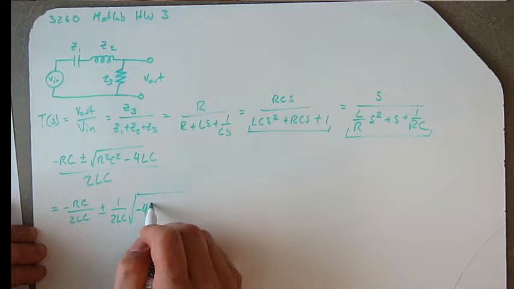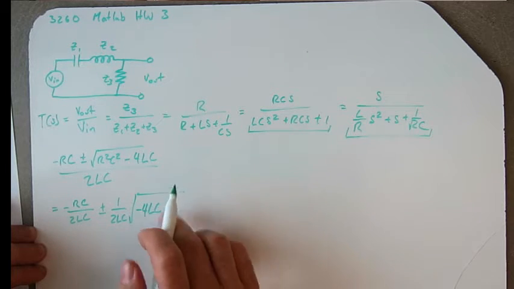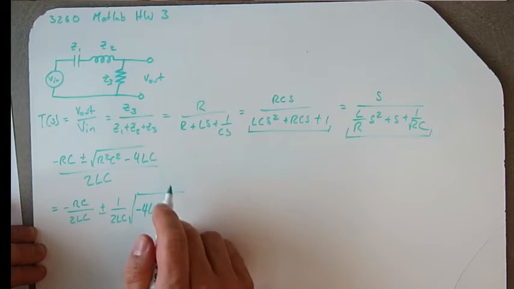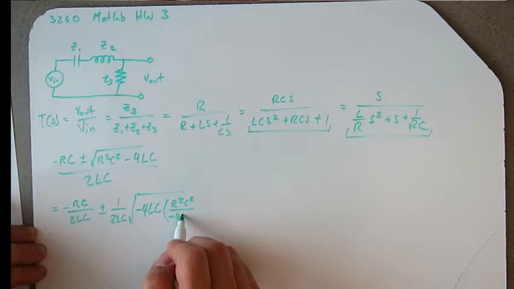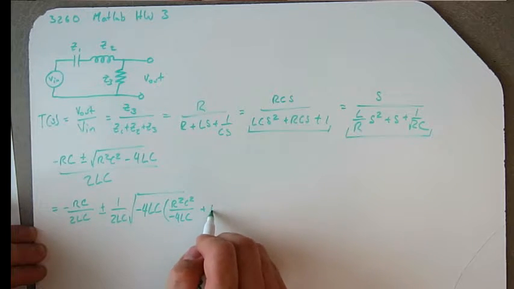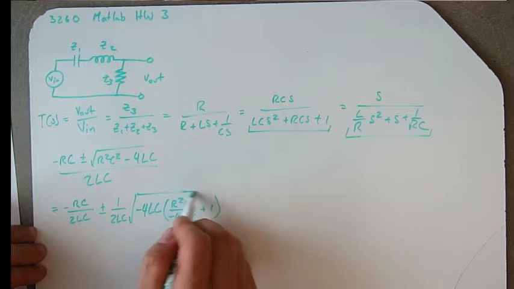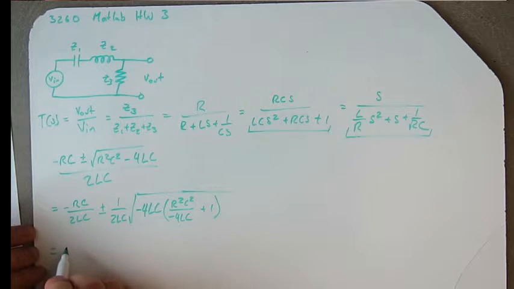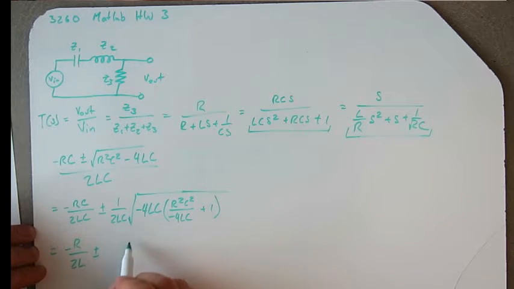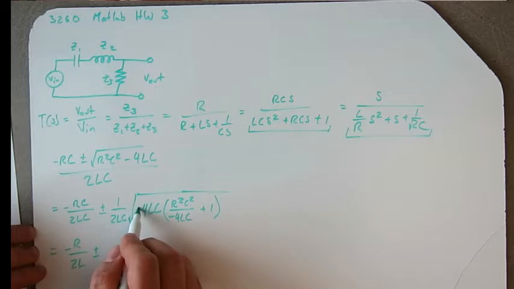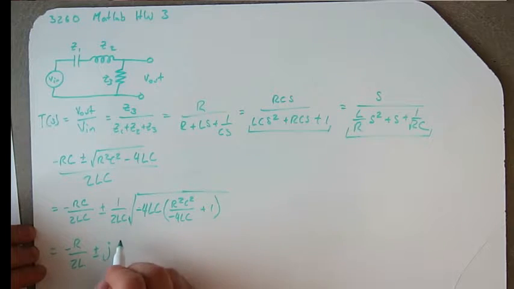So pulling a negative 4LC out, I get R squared C squared over negative 4LC plus 1. Do a little simplification. I'm going to pull this outside of the square root, and so I'm going to get a j from the negative, and then a 2 square root.